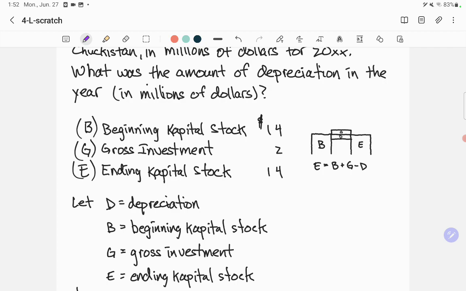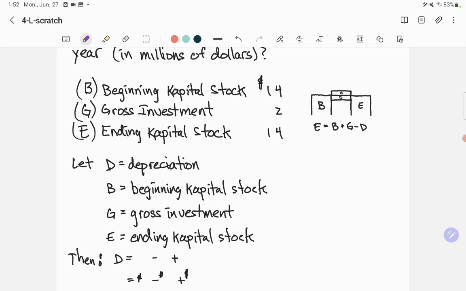Here, it's in millions of dollars. 14 million, 2 million, 14 million. Then it says, what's the amount in millions? How many decimals? None.